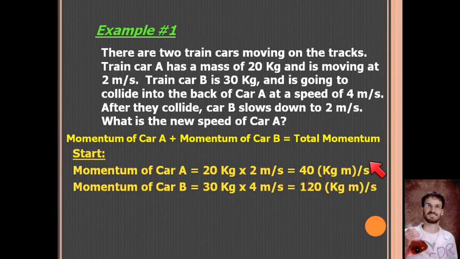So its momentum is 40 kilogram meters per second. Car B, the bigger car that's moving faster and barreling down on them, 30 times 4, 120 kilogram meters per second. The car that's barreling down on it has 3 times the momentum of the one that's about to get hit. So the total is 160.